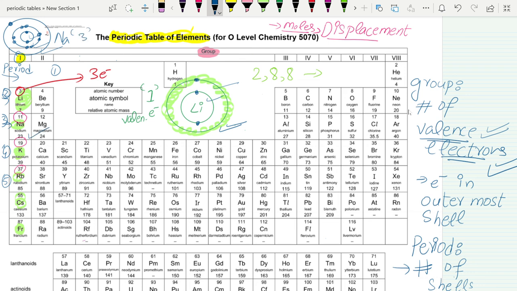But as it has only one valence electron, it is in group 1. Now I think you have correctly understood what a group and a period mean, and what the meaning of atomic number and relative atomic mass is.